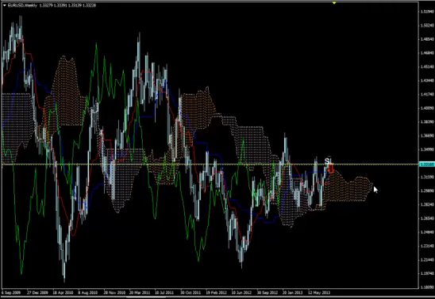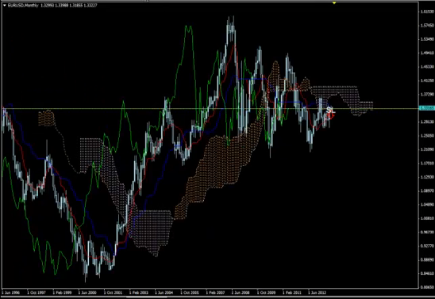Okay, at any minute the cross can turn upside down. Since the distance is 0, we are at a very key point here. Let's see how things look on the monthly chart.